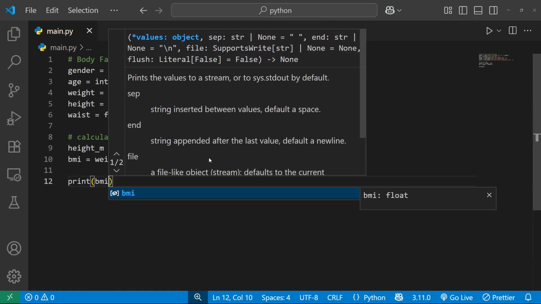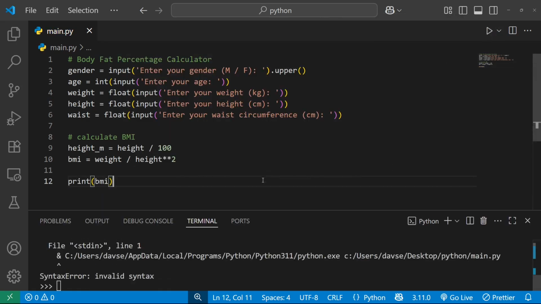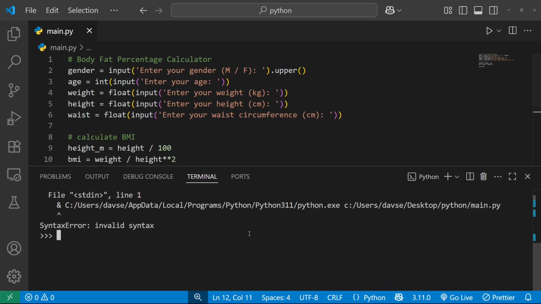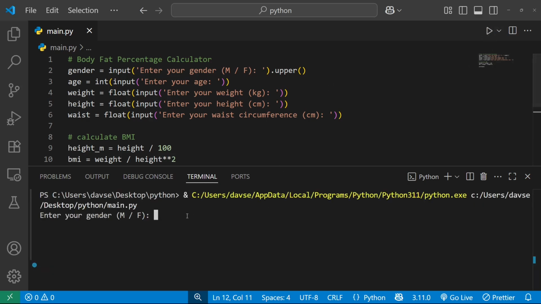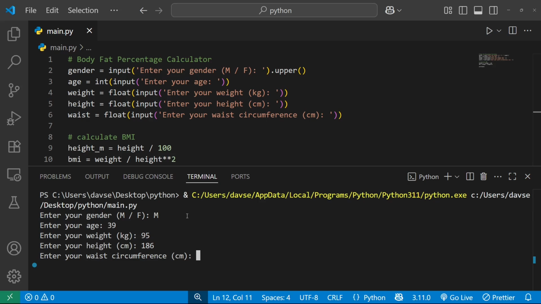Okay, print, and we will see. Oh, just a second. Clear it, run it. Okay, I'm a male, age is not useful for now, so I will put, for example, 95 kilos, 186 centimeters.